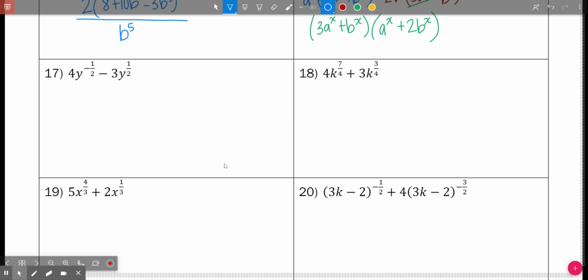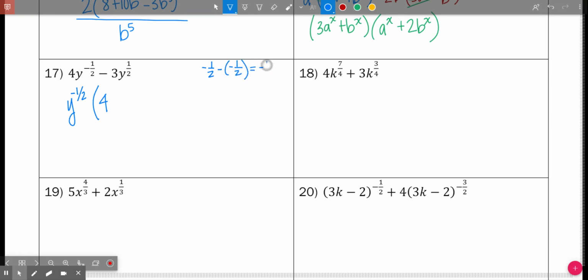In number 17, I'm going to factor out the smaller exponents. So between negative 1/2 and 1/2, negative 1/2 is the smaller. So nothing divides the 4, and this is negative 1/2 minus negative 1/2.